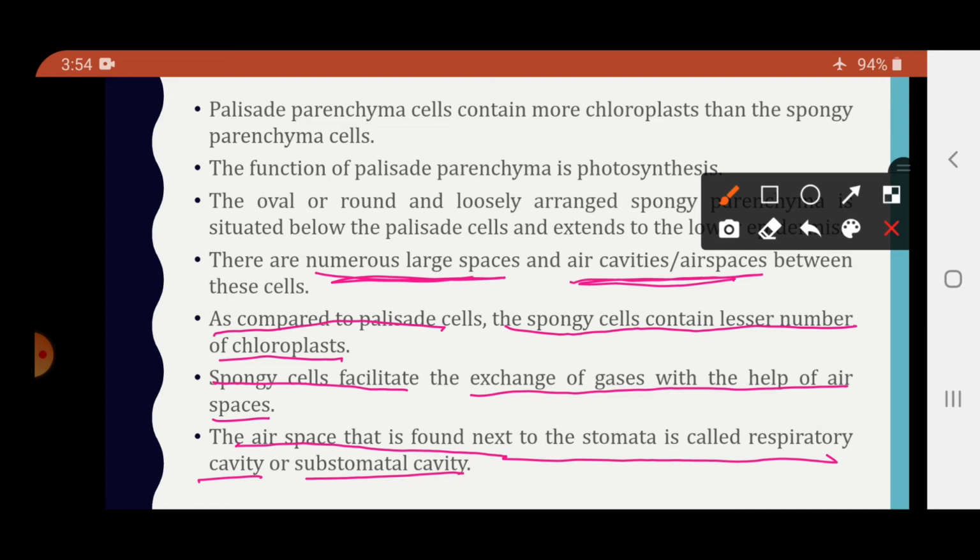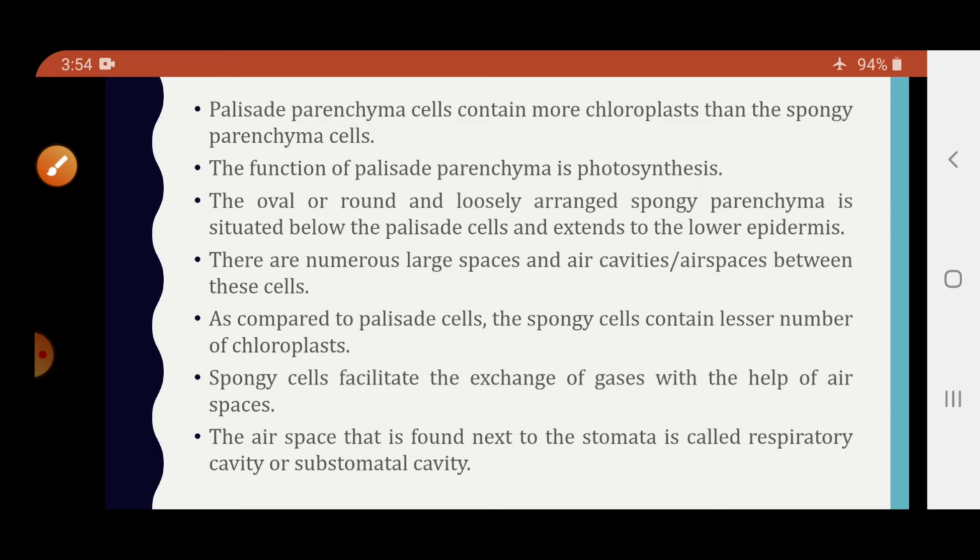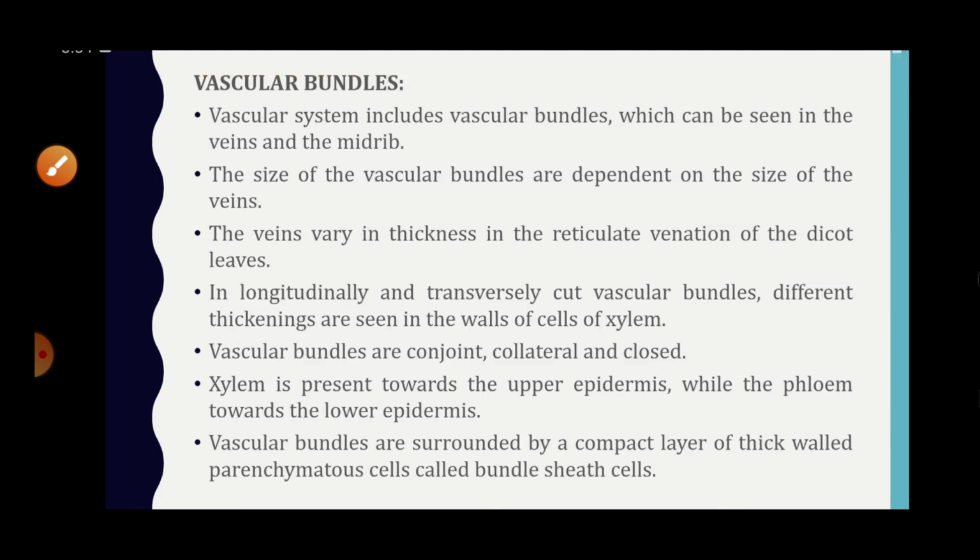Very important. I said, what is between the cells? A gap. What is that gap called? Air space. Those air spaces which occur next to the stomata are called the substomatal cavity, also called the respiratory cavity.